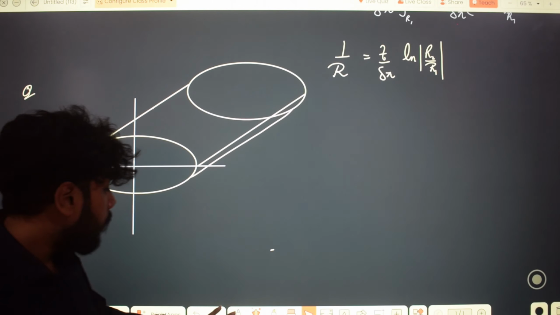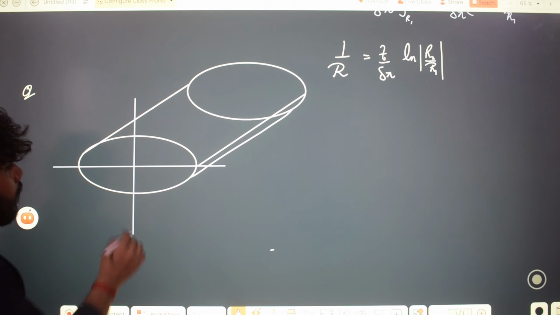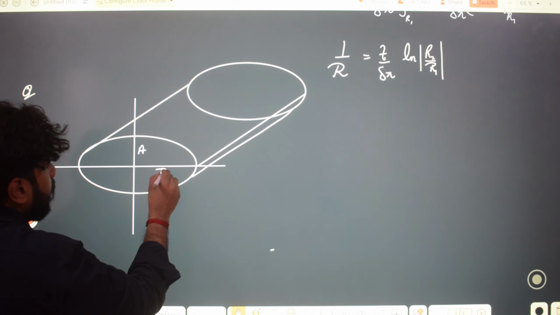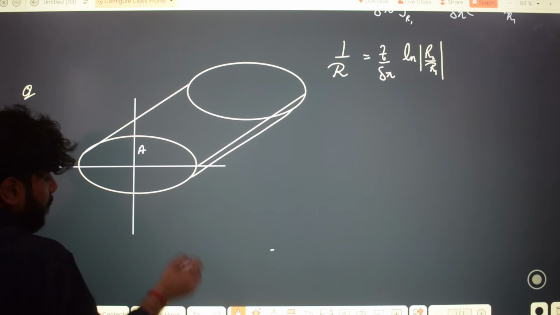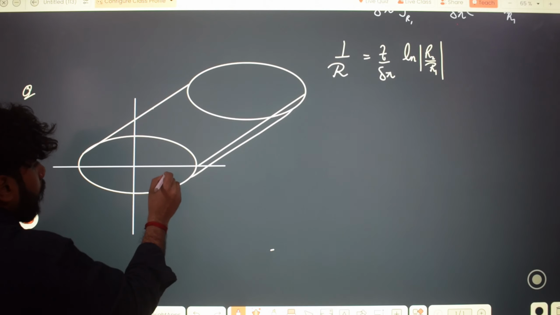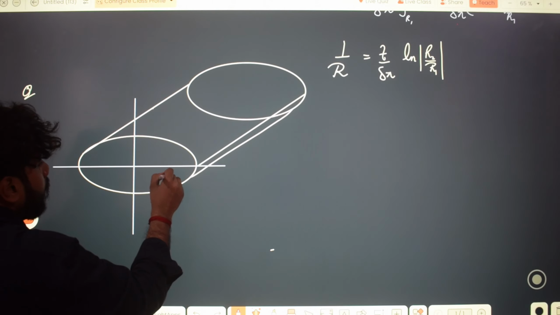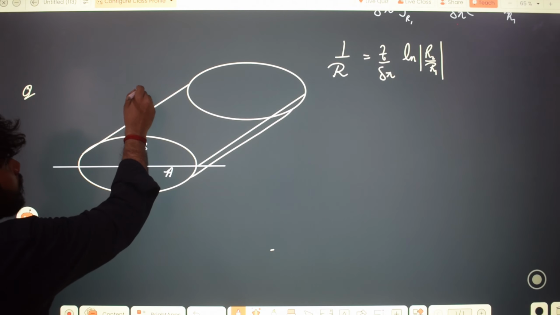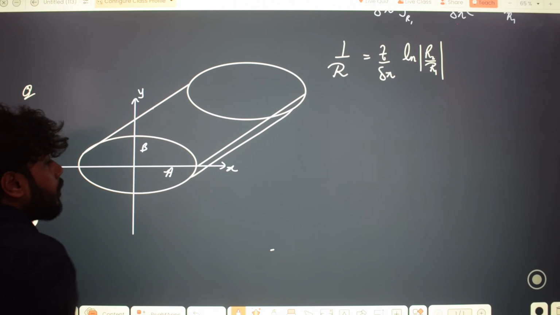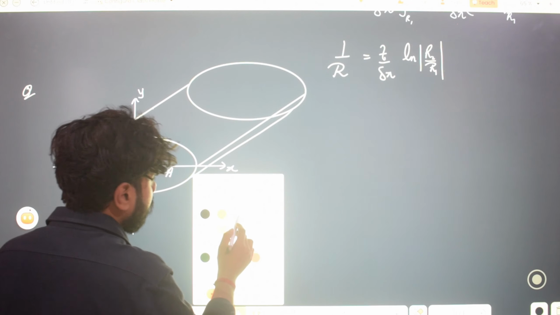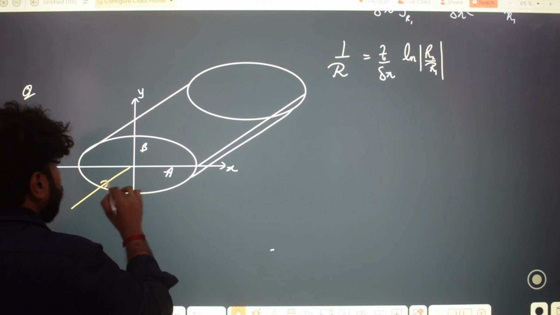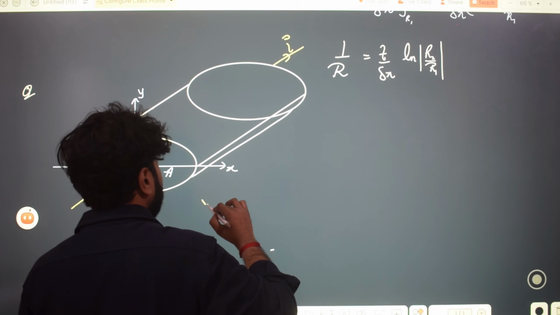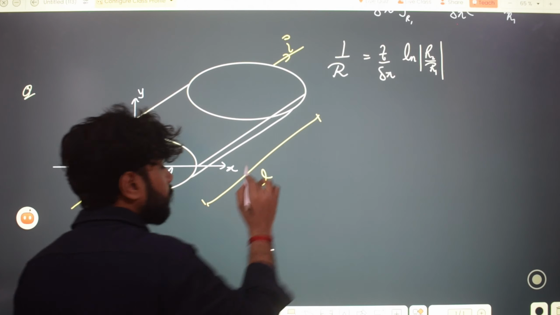A conductor for which the cross section is elliptical. This is your A, this is your B, or you can switch, although it doesn't matter much. Let's write it A and B. So this is your elliptical cross section, this is your Y, this is your X, right? And current is entering in this face and coming out from the other face, and the length is L.